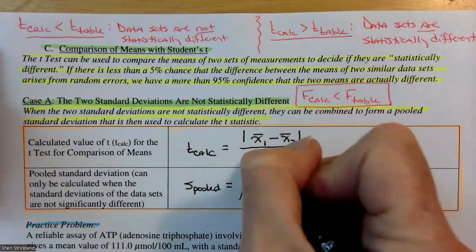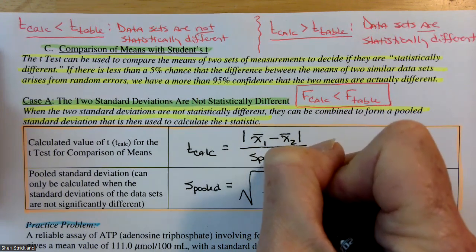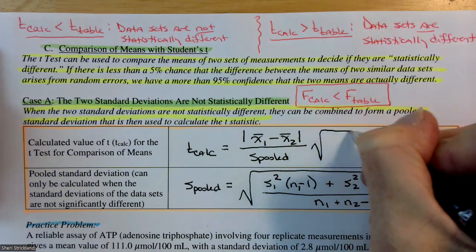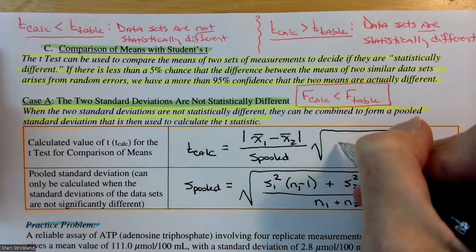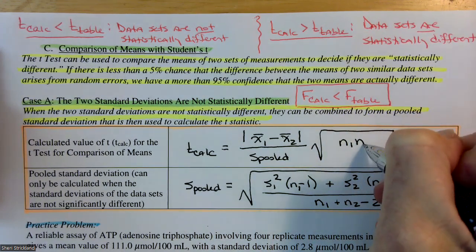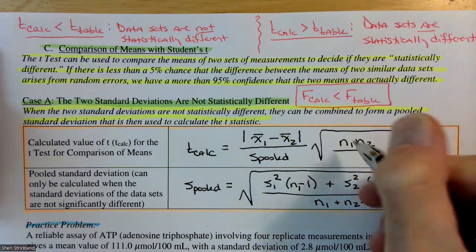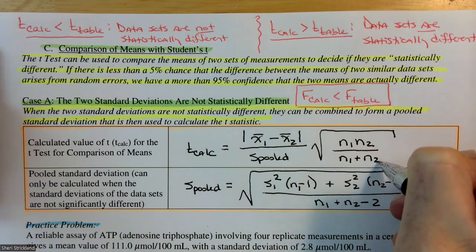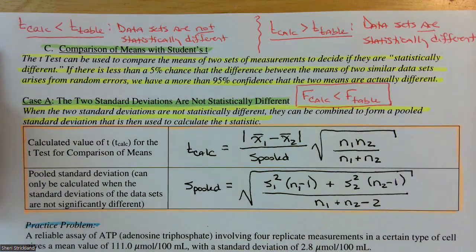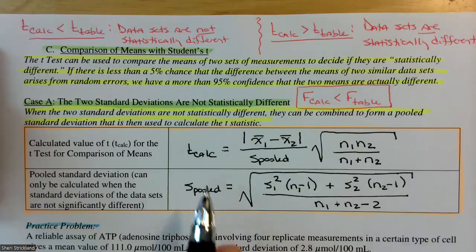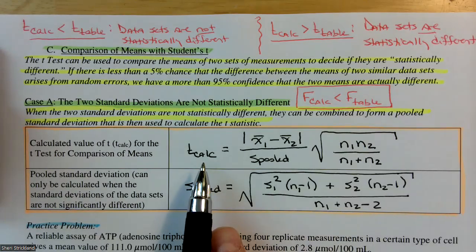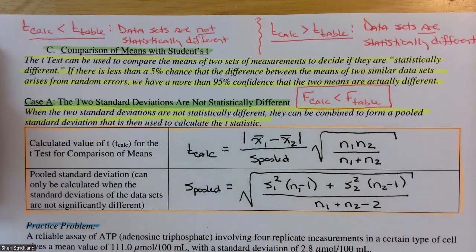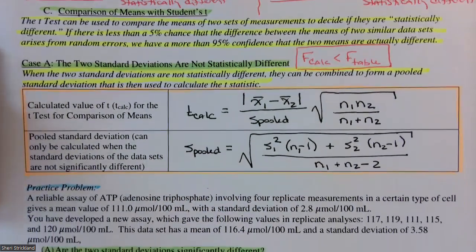This is divided by the pooled standard deviation times a factor that involves the count of the two sets, multiplied on the top, added on the bottom, and you take the square root of the whole thing. These are the equations that you need to know to calculate the t-statistic if the two standard deviations are not statistically different.